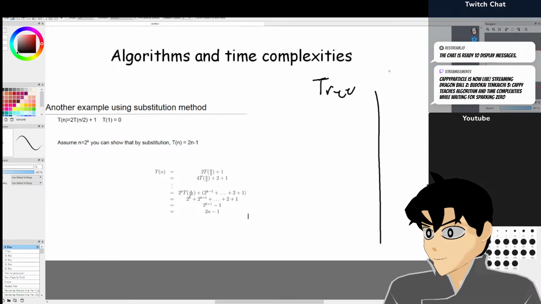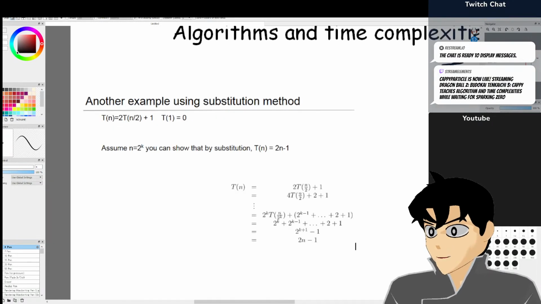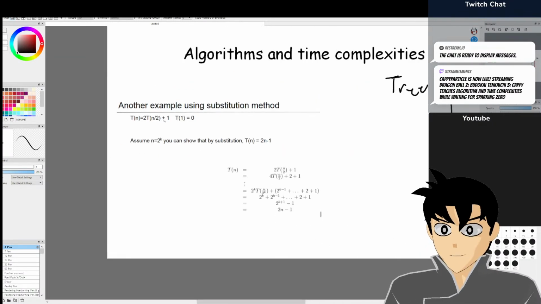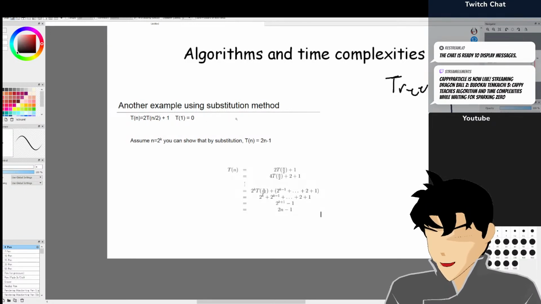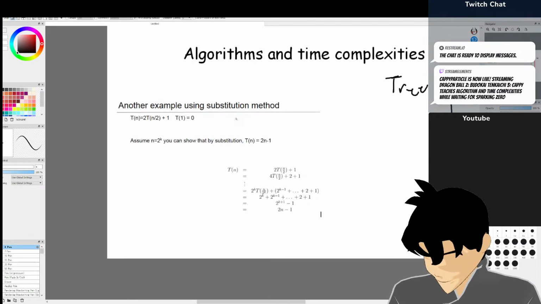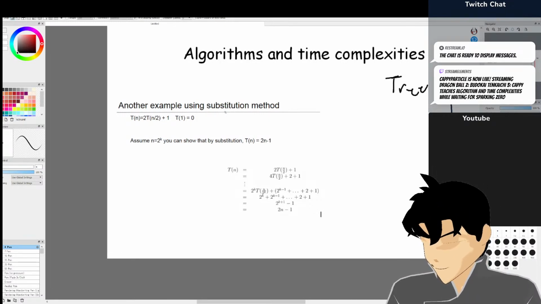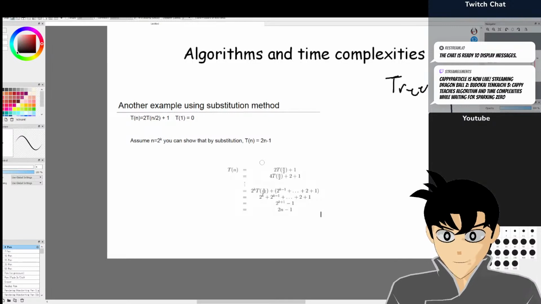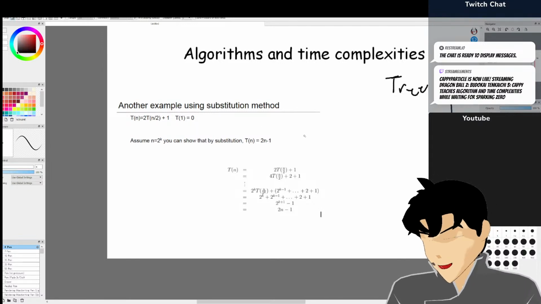The substitution method is basically putting the formula of this back into itself to show a repeating pattern.